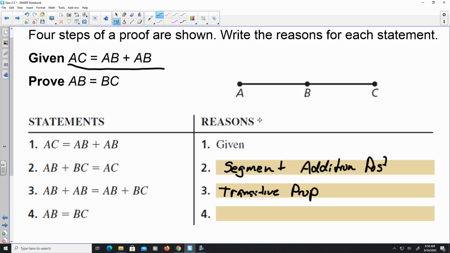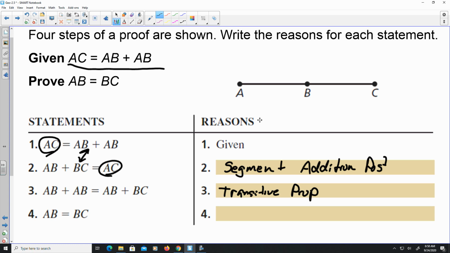Because if you look, they have a common value of AC in that it's equal to, so then the transitive property states that these two are equal. That's how we were able to write that third statement.